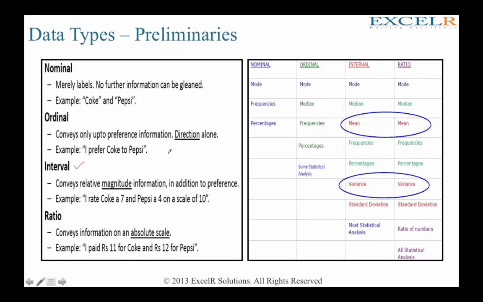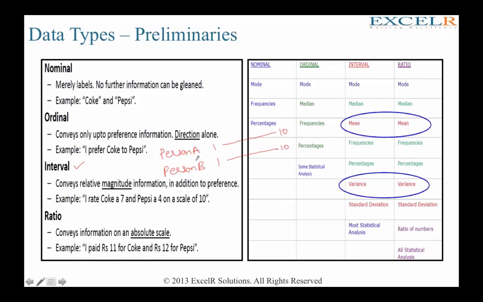But one thing you need to remember in interval scale is that this is not absolute data. For example, if there are two people, person A and person B, who like Coke equally well. Both of them like Coke equally. However, when you ask them to rate this product on a scale of 1 to 10, the way they rate depends on each person.